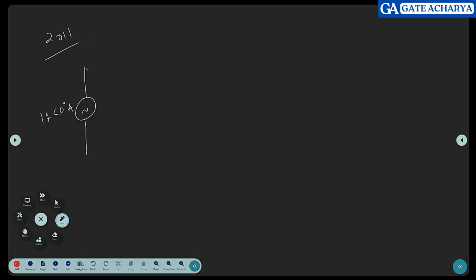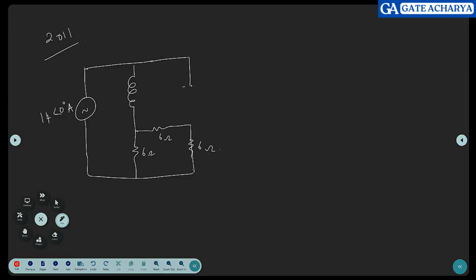Current source, it's an AC source. There is some printing mistake.